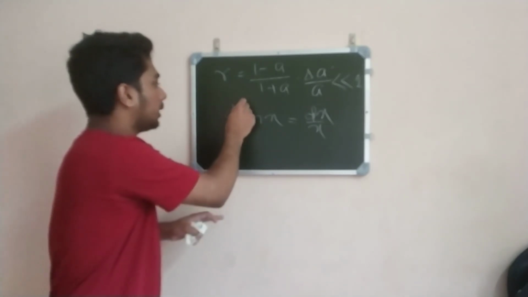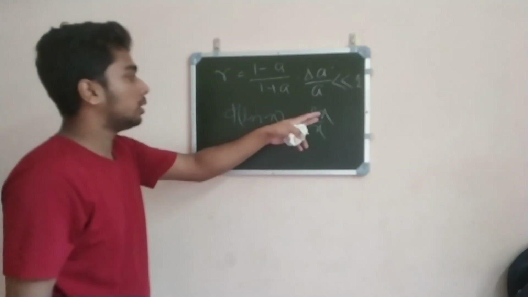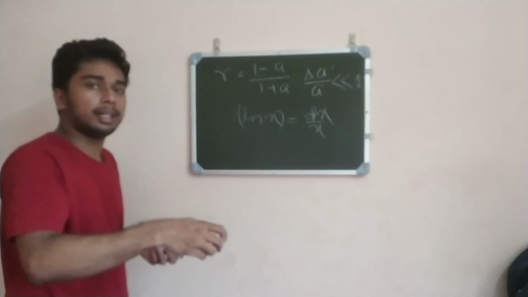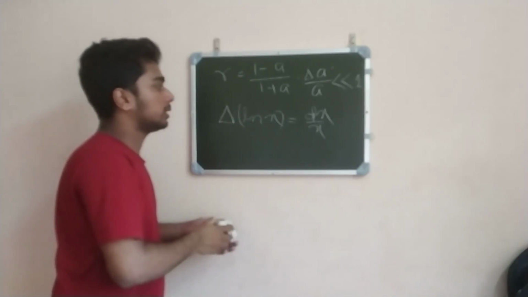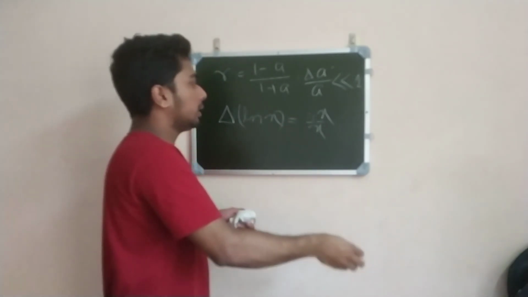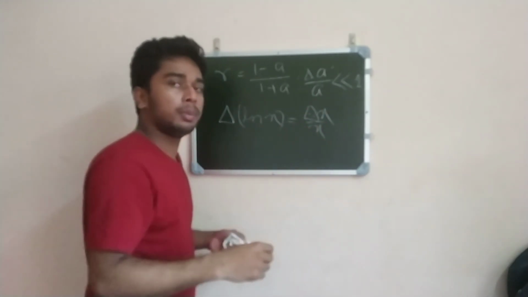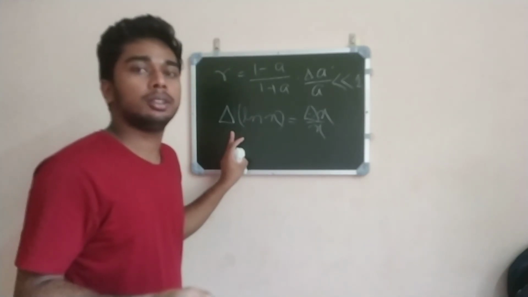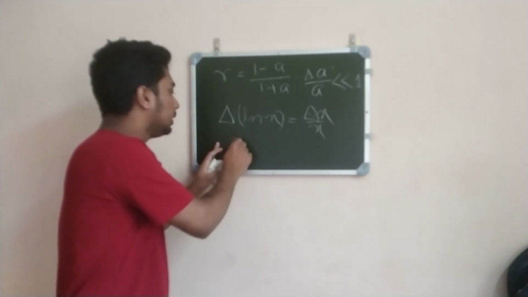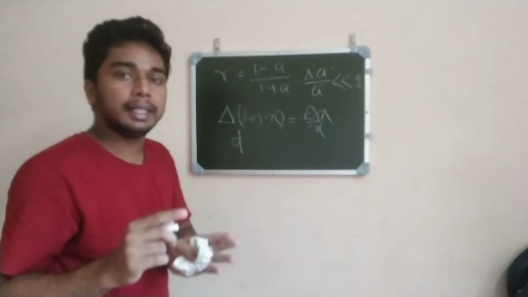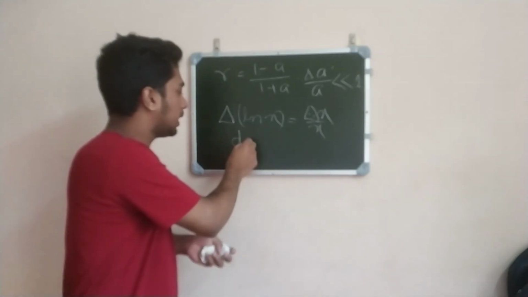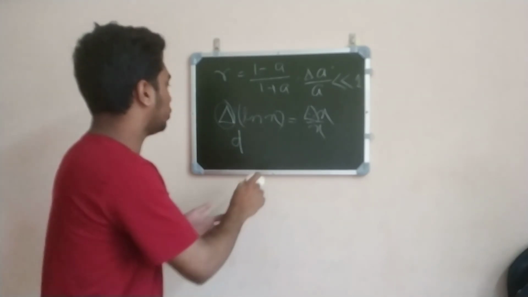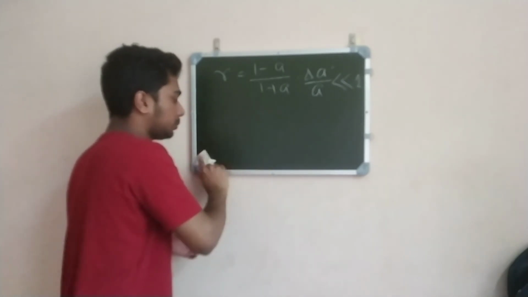So derivative of ln x is equal to dx by x. If I change d to delta, then I will get the formula in terms of the delta function. Here delta represents appreciable change, while d represents very small, almost negligible change. So these formulas I am going to use.